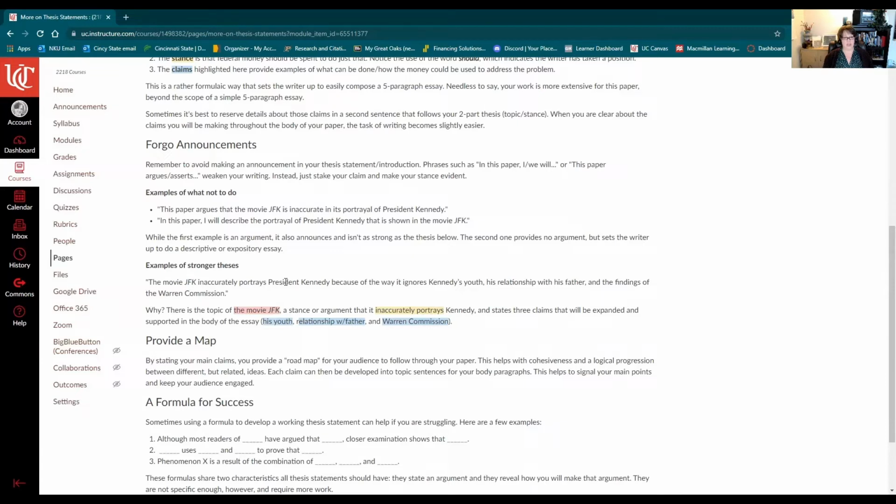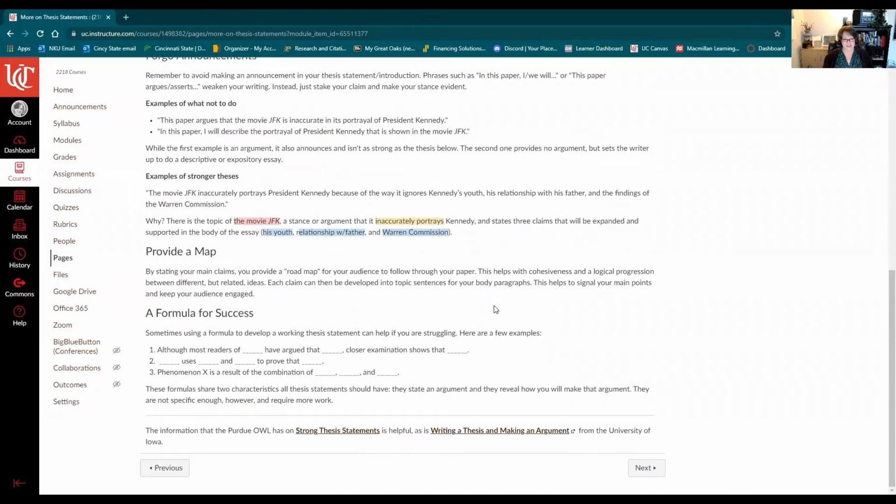Somebody thinks the movie inaccurately portrays President Kennedy. And why? The writer follows up with 3 claims that will be expanded, meaning Kennedy's youth, the relationship with his father, and the findings of the Warren Commission. So you get an idea of what to do and what not to do. Don't announce, just write.